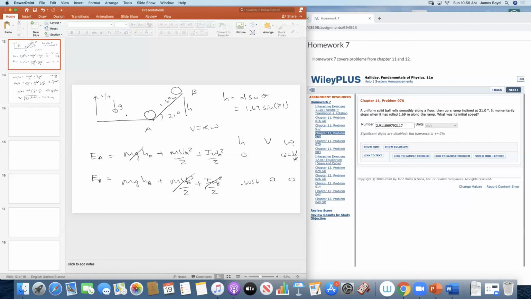So once you know that, this is really, really simple. You just set the energy at A equal to the energy at B, make sure that your variables are all in the right form and that you know them, and solve. Not too hard. All right, so let's look at problem 78.